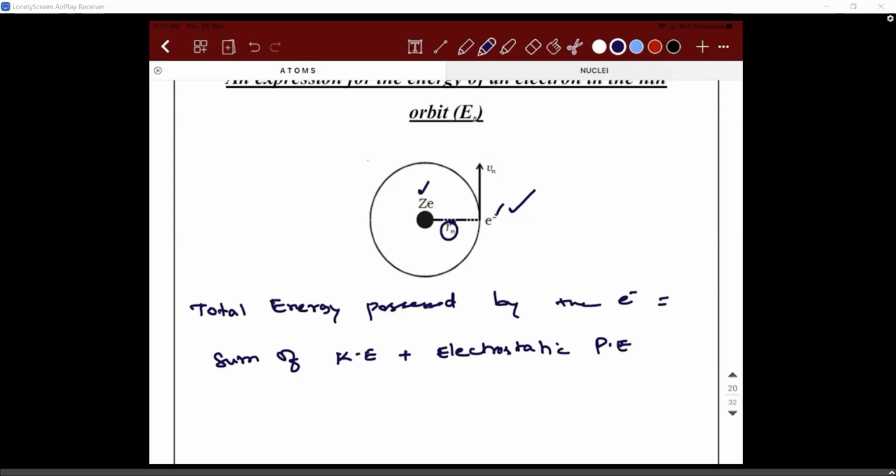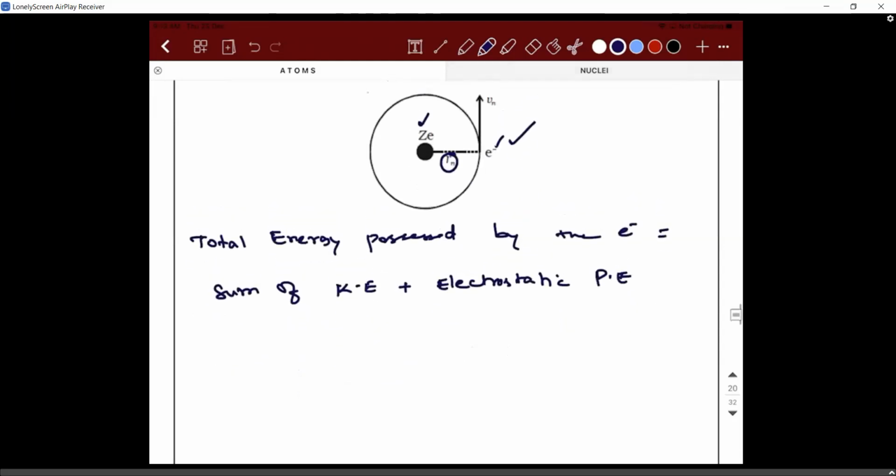Are you able to understand that? So what is going to be the kinetic energy of the particle? Half m Vn square, plus what is going to be the potential energy? K Z e into e, the whole divided by R. Okay, there is a mistake in the second term, so please correct it.